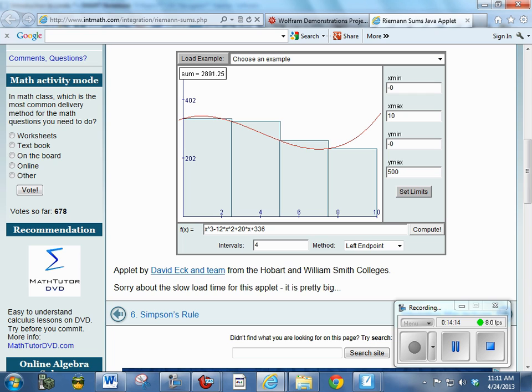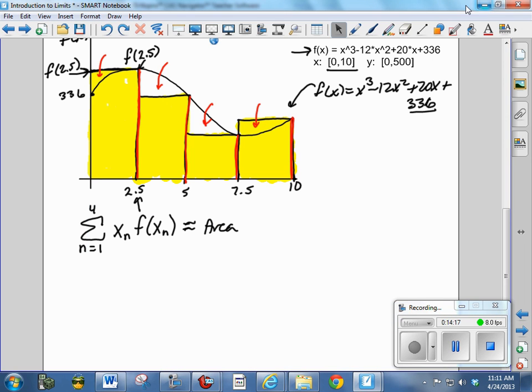So as we increase the number of rectangles, we would get a better and better approximation of the area. Another way of saying that is that we could decrease the base, because when we increase the number of rectangles, this base, this distance between the x values, is going to get smaller and smaller. I'm going to call this little distance delta x, which means the change in x. So as the number of rectangles goes to infinity, delta x gets closer and closer to 0.